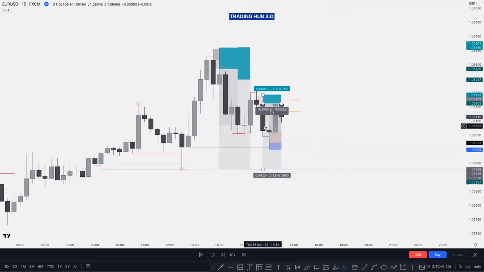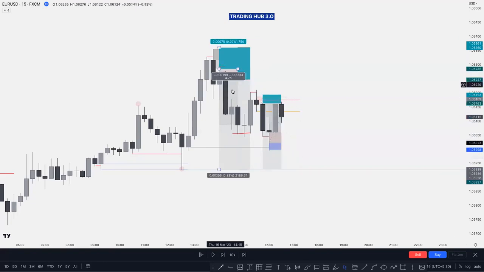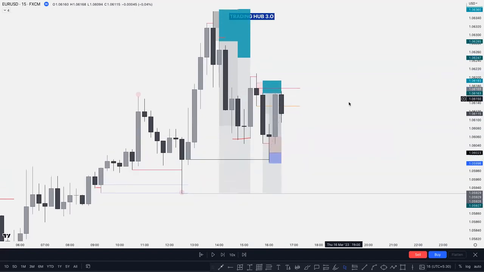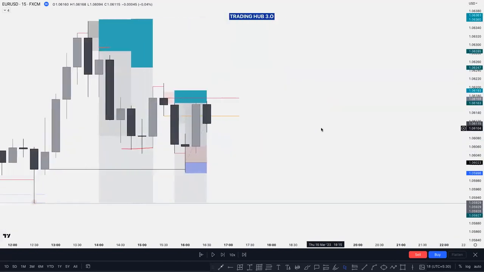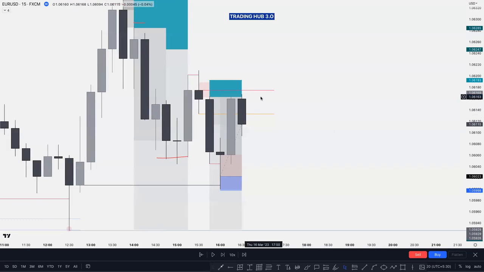What is happening here? As I mentioned, buy is short term and sell is long term because trend is bearish, right? I'm talking about this candlestick structure. So what is happening here? Look at this picture. The previous candle high is swept here, right? So when market sweeps the previous candle high, probably we are planning to sell here. So this is the first POI based on the candlestick formation, and this is our decisional.